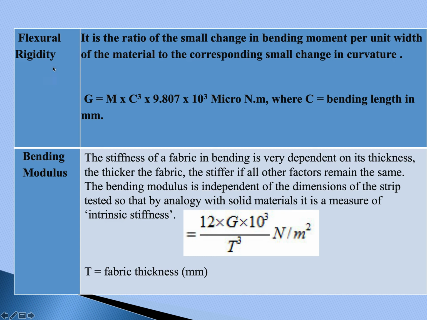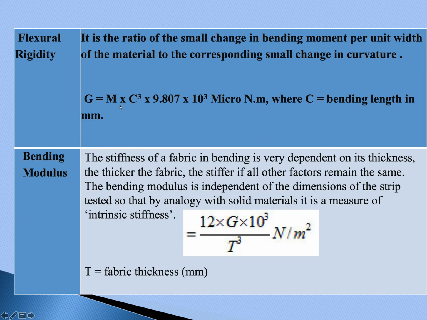So if we have to define what is flexural rigidity and bending modulus, flexural rigidity is the ratio of the small change in bending moment per unit width of the material to the corresponding small change in curvature. So G is giving the flexural rigidity, and it can be determined if the value of bending length is known to us. The value of bending length can be determined from L, from the equation we just saw.